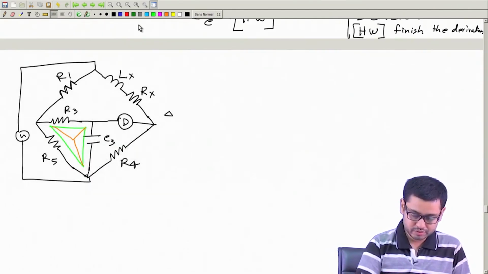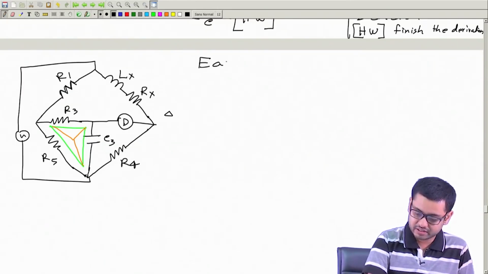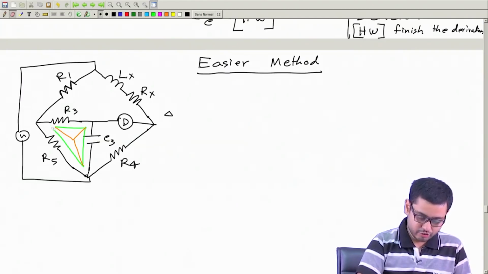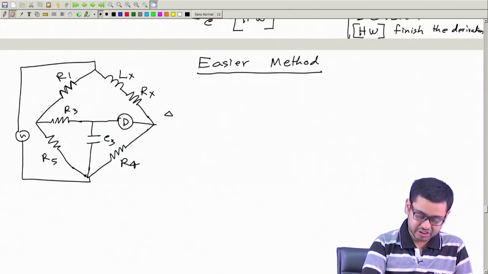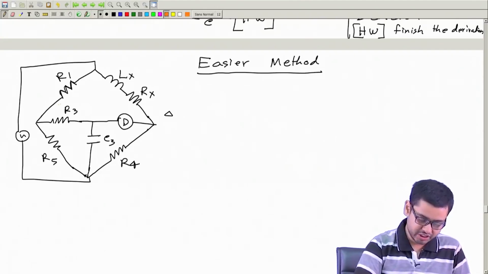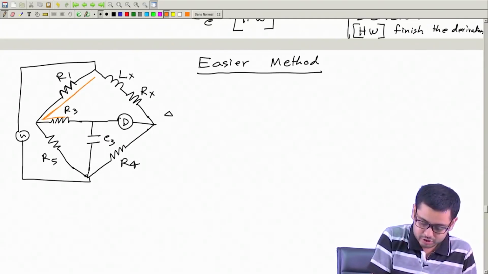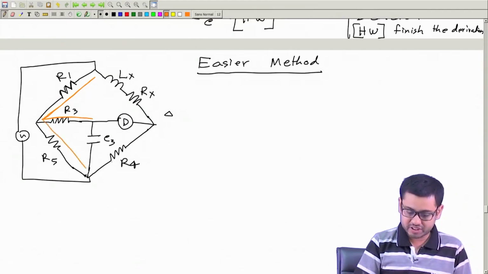Instead of converting this delta into a star, observe that these three arms, one, two and three, form a star.